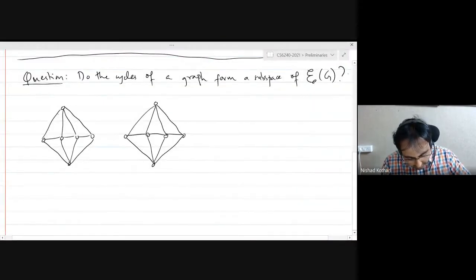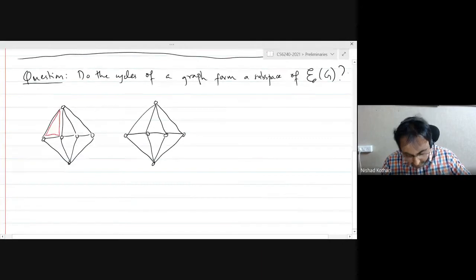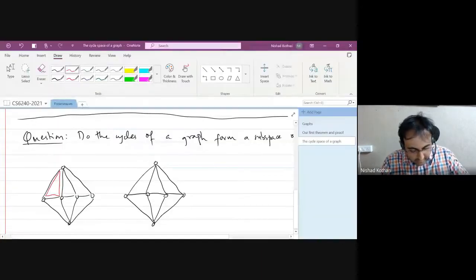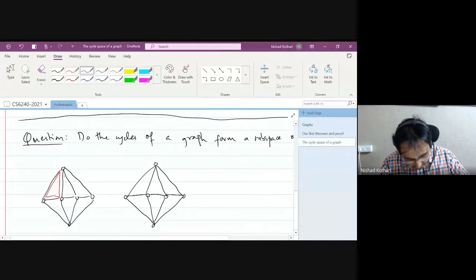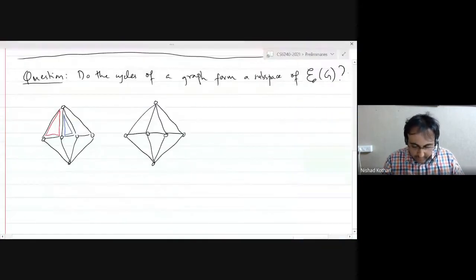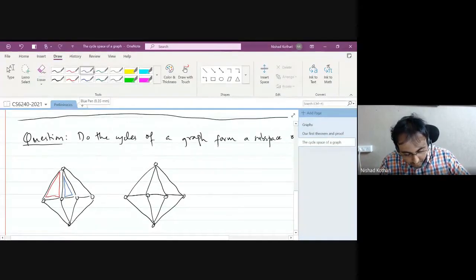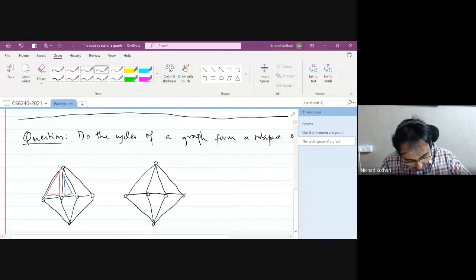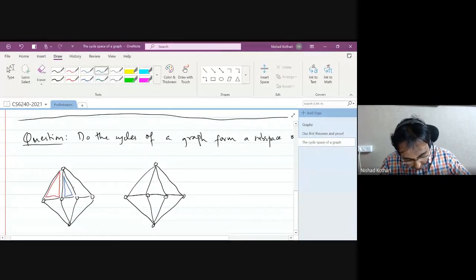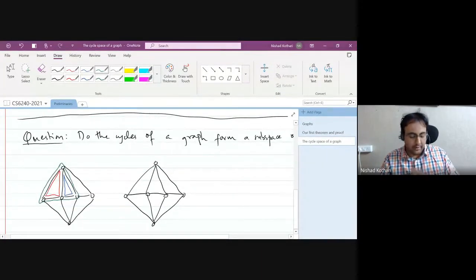So let's say I take this cycle of the graph, the red colored cycle, and let's say I take the blue colored cycle. Well, their symmetric difference is precisely all the edges that are red or blue, but not both red and blue, right? And so that will give you the green colored cycle. So this is an example where the symmetric difference of two cycles is yet another cycle.